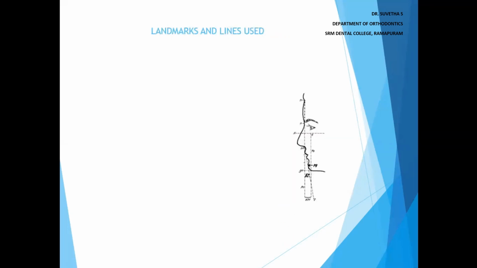What are the landmarks and lines that are basically used? Let's see one by one. The first landmark is the orbital point. The second landmark is the Frankfurt horizontal line that is passing through the orbital in the anterior and the porion point in the posterior. The third landmark is the trichion, which is the hairline and the forehead junction.